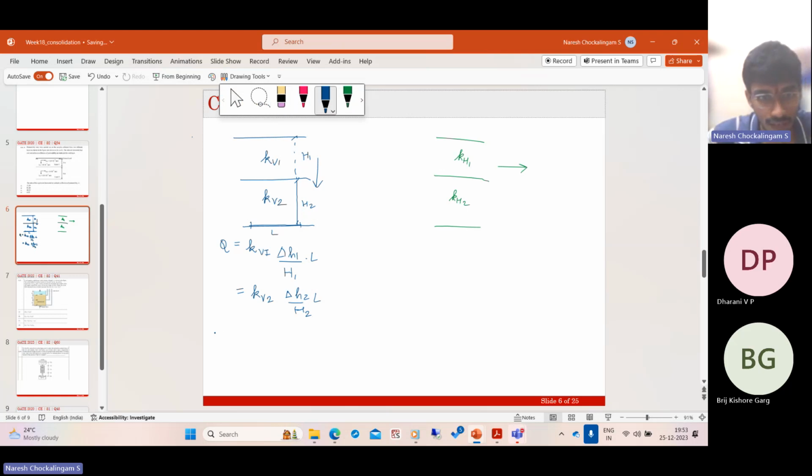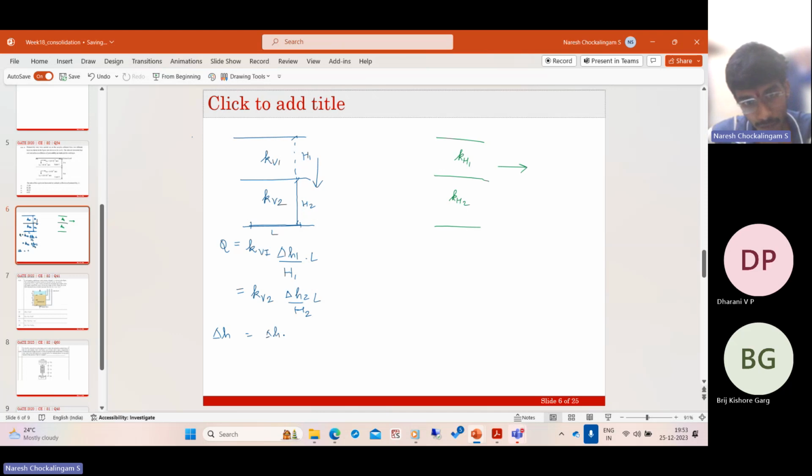So let us say the total head loss is delta H, that is equal to delta H1 plus delta H2. What is delta H1 plus delta H2? It is Q by KV1 H1 by L plus Q capital H2 by KV2 L. And what is delta H itself?